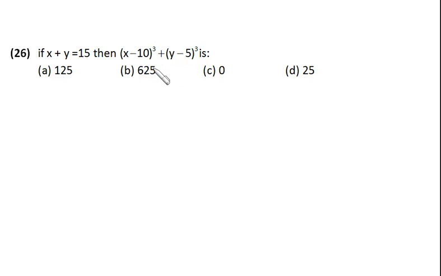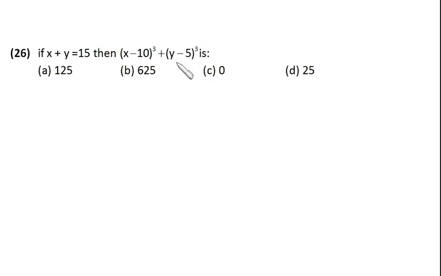Different combinations of x and y will produce different values, but since in this case only one of the options is correct, that means it gives a single value. That means whatever the value of x and y when x plus y is 15, you will be getting a single solution for this problem.